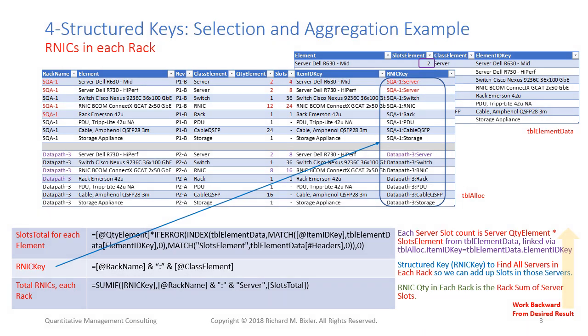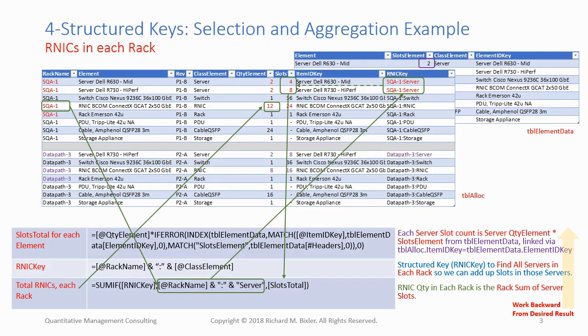So we construct an RNIC key to identify records that state class element value as server in a rack name. That makes an RNIC key value for every item in table alloc. The ones we want to sum slots for all have RNIC key value containing their rack name concatenated with the string server. Now we can create an expression for the quantity of RNICs allocated in each rack name.